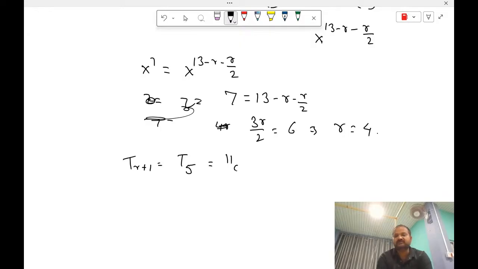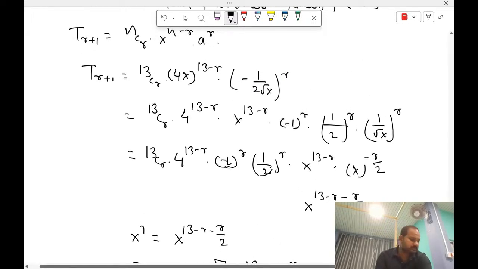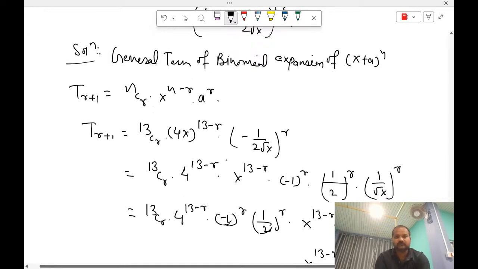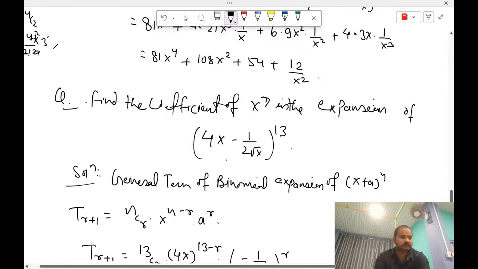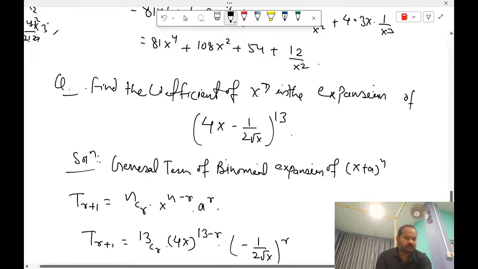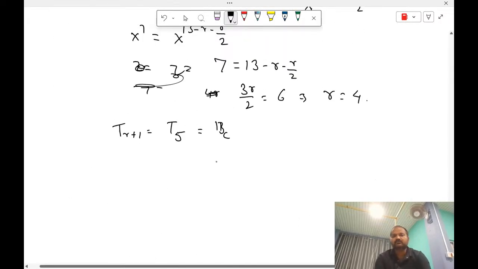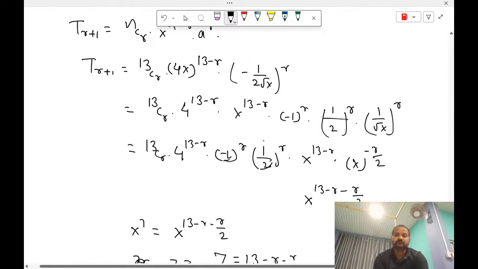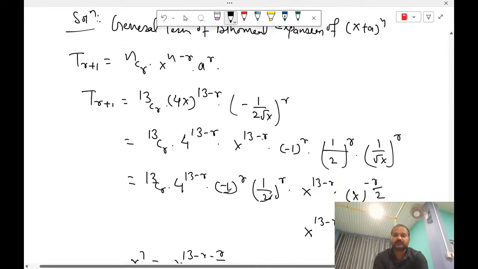So that will be T5, 13C5 into x to the power n minus r.